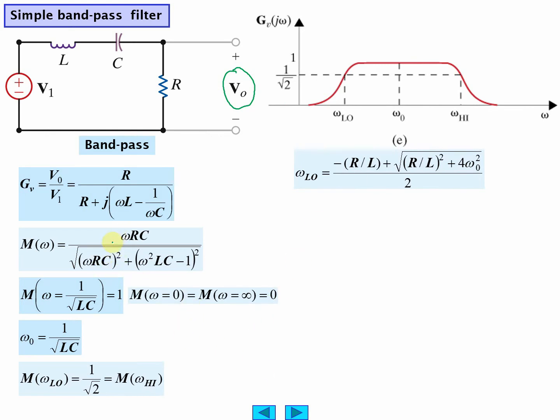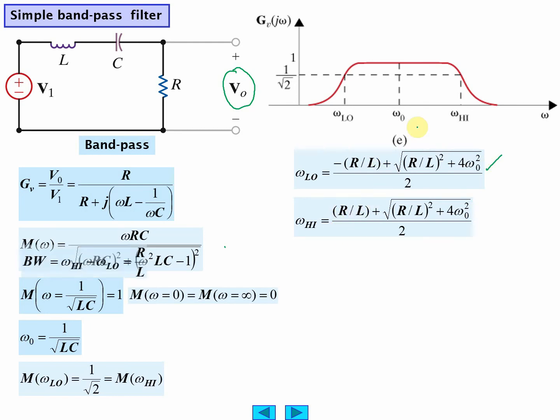Remember, when you set this equal to m at the resonance equals 1, so you set this equal to m squared equal half, and find out what these values have to be at that. You have to solve the quadratic equation, and you get this value. M low, M high is going to be just up here. The difference is going to be R over L.